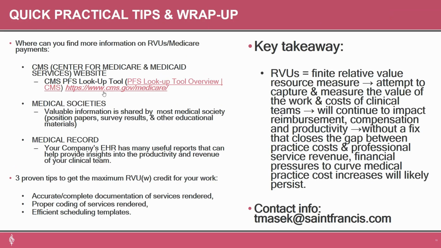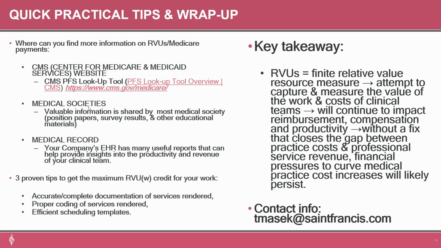All right, in conclusion, where can you find more information on RVUs and Medicare payments? I've listed three of my favorite places. The CMS, or Centers for Medicare and Medicaid Services, website has great information on historical RVUs, current trends, survey results, and much information that helps you understand Medicare at a much deeper level.